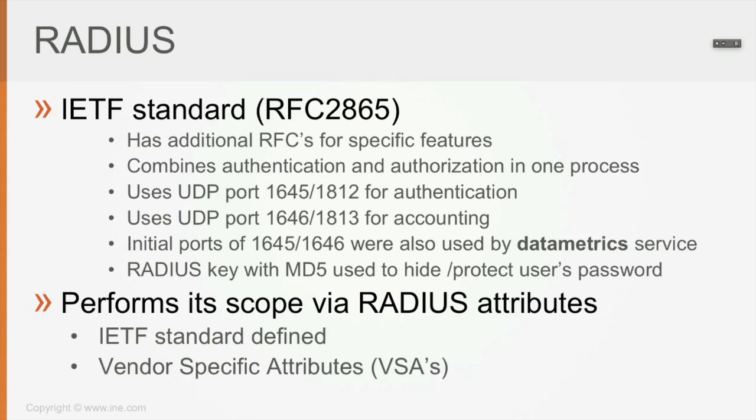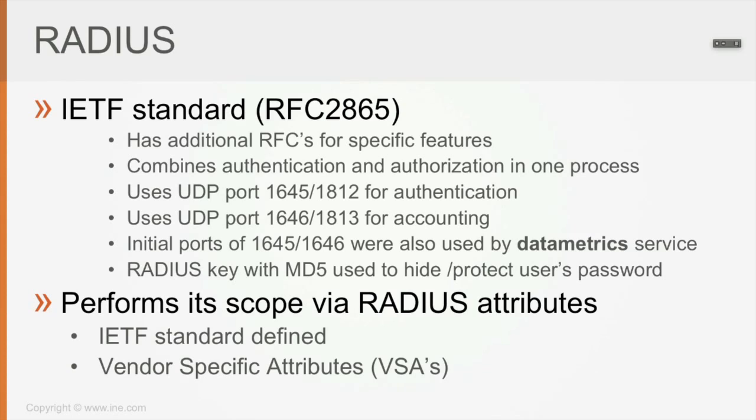So router 3 is going to relay those credentials towards the RADIUS server via a RADIUS packet. In order for the router to put the username and the password inside the RADIUS packet, each of those, alongside other possible data that the router has to send over to the RADIUS server, is going to be put into what are called RADIUS attributes.